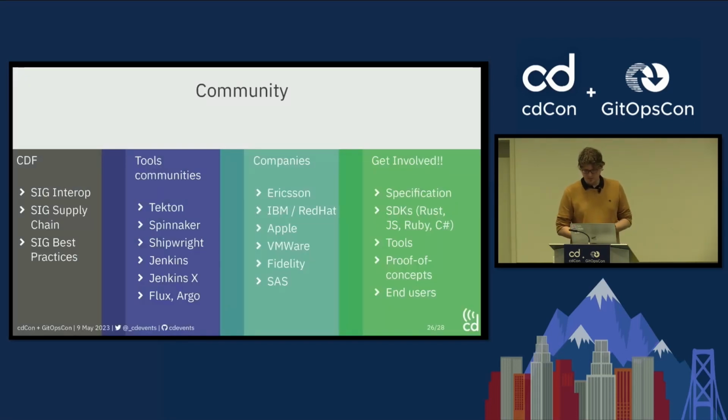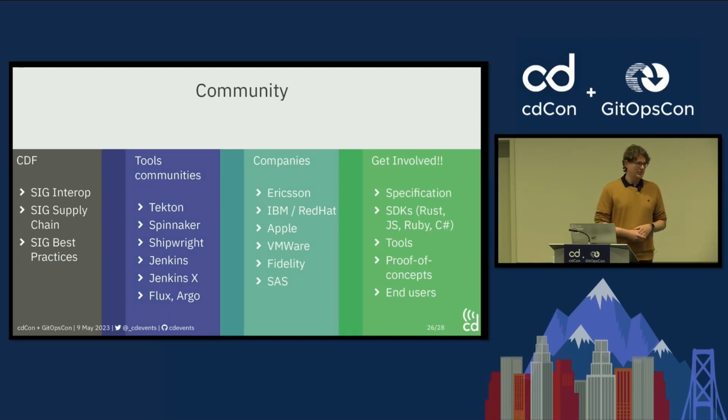I think I mentioned most of these in the community section. In terms of contributing companies, we have Ericsson, IBM, Red Hat, Apple, VMware, Fidelity, and more people contributing. So it's growing, and everyone is welcome to join and contribute. We are growing, but we are still at a 0.x version and in early stages.